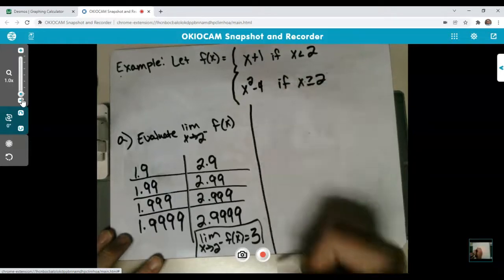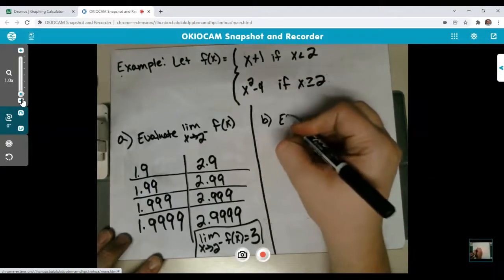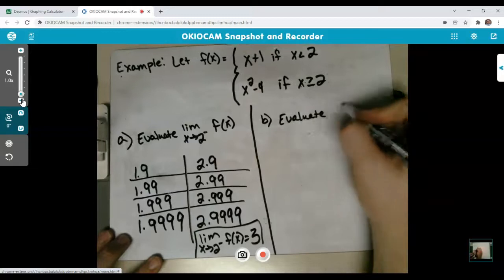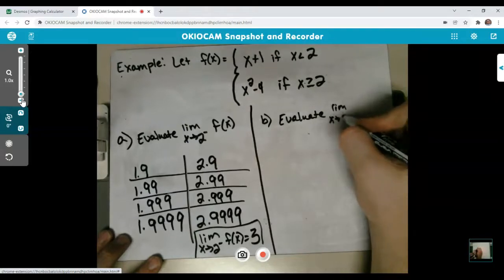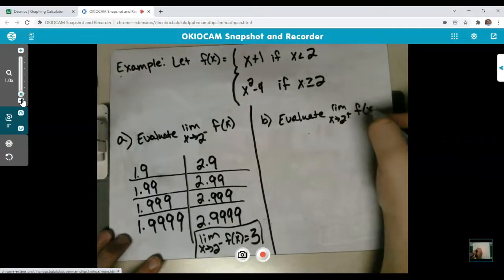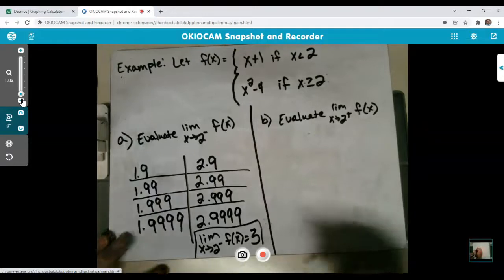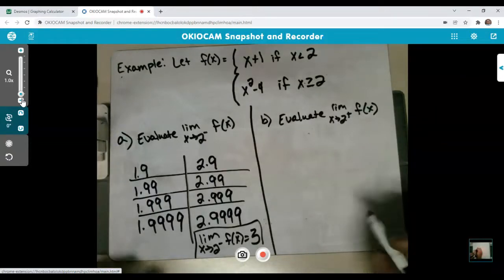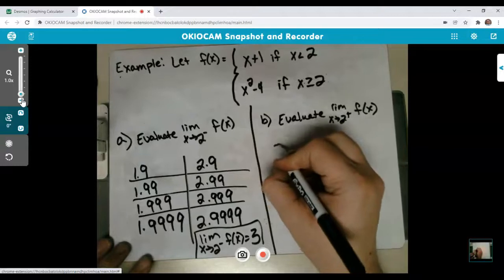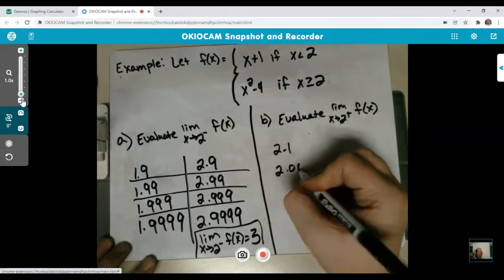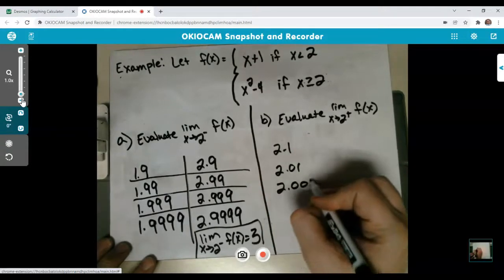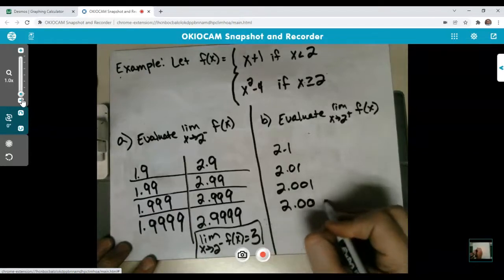For part B, I'm going to say evaluate the limit as x approaches 2 from the right. So now I'm going to do it from the right-hand side. So I need things really close to 2 on the right side. So that would be like 2.1, 2.01, 2.001, and 2.0001.